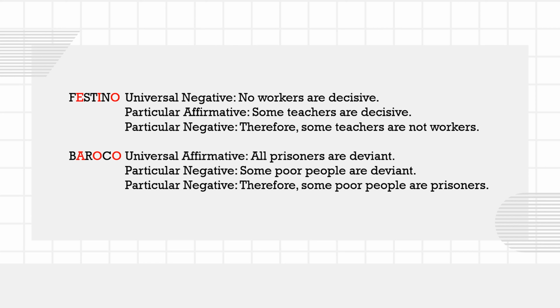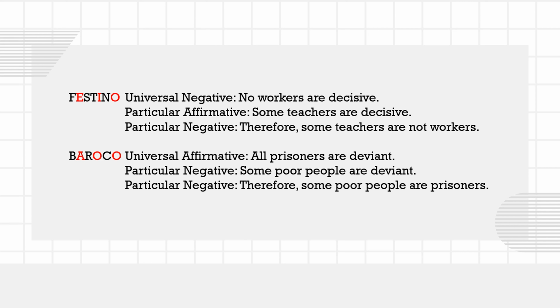This syllogism aligns with the principles of categorical logic, demonstrating that if all prisoners are considered deviant, and there exists an overlapping subset of poor people who are also deviant, it logically follows that some of these poor people can be classified as prisoners, as implied by the premises.